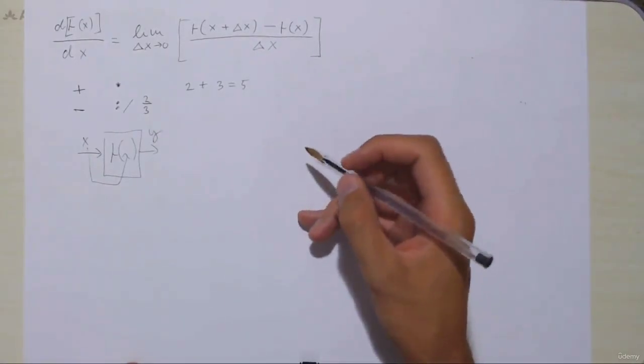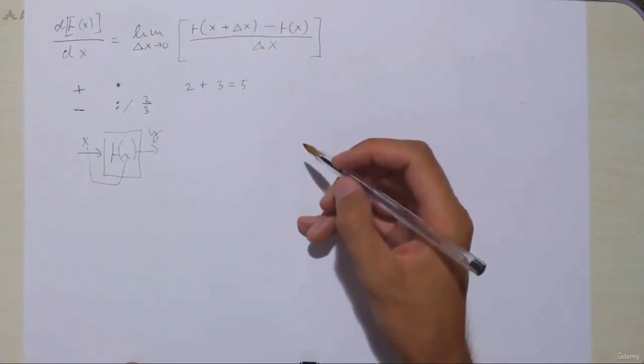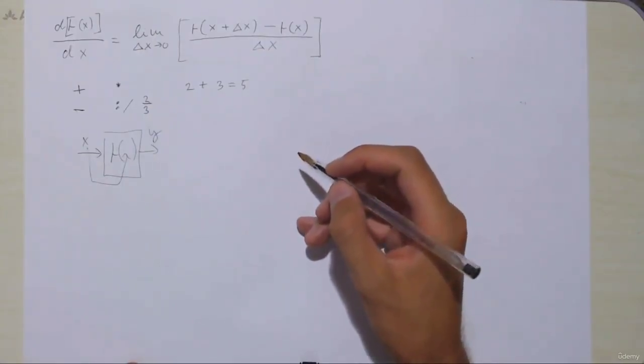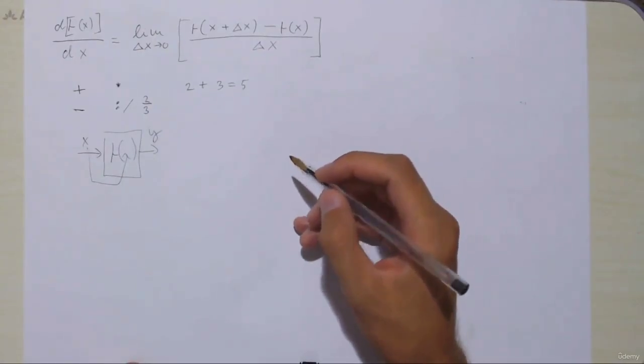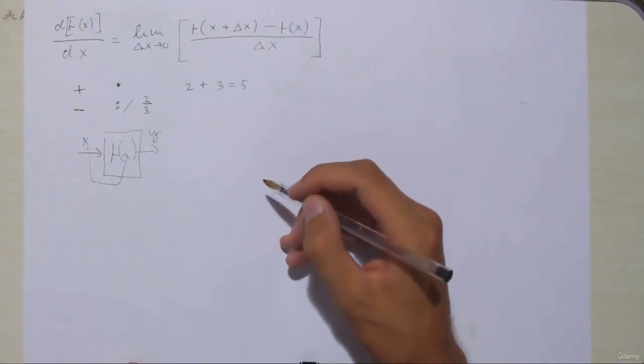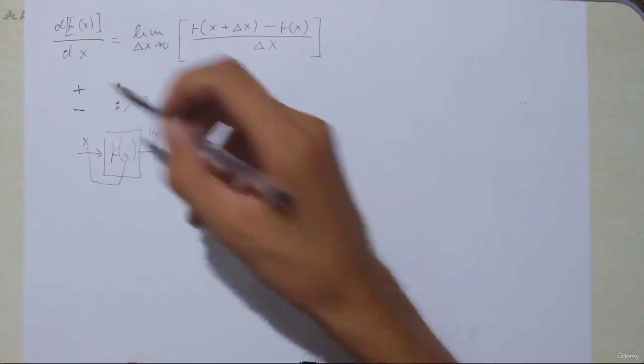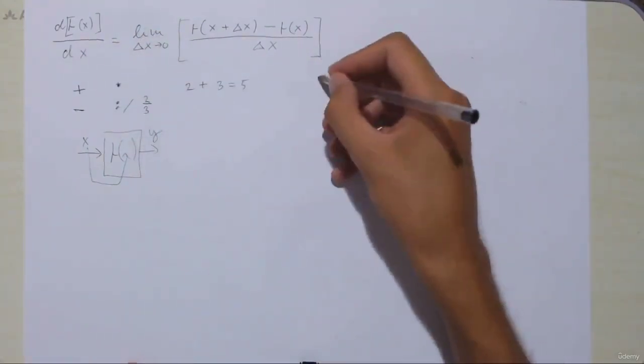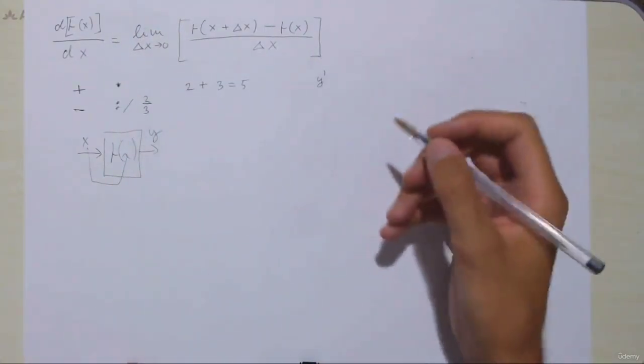And also, taking a derivative is an operation. And just like any other operation, it has an operator. And that's the other reason why I like this notation better than, for example, the apostrophe.